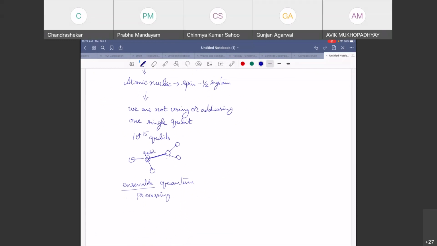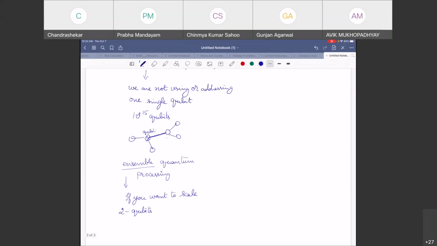The disadvantage with ensemble quantum computation is if you want to scale the number of qubits. Scale means, let's say you are doing a problem with 2 qubits, and the sample is sufficient for that. But next you want to increase the number of qubits to 4.